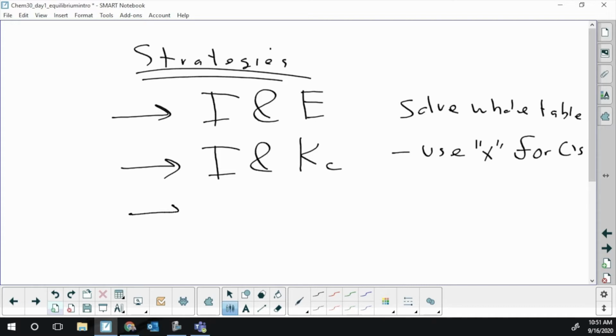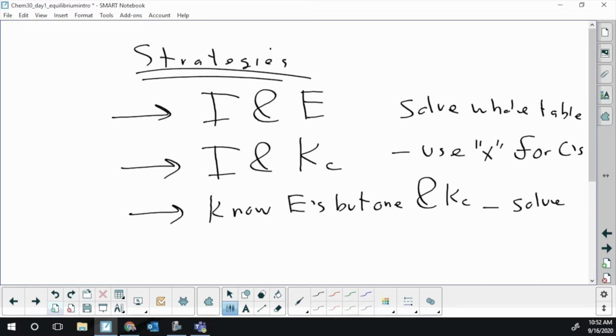Last of the 3 most common strategies, 95% of your questions are going to be one of these 3 strategies. So you know all the E's but one, and you know the Kc value. Okay.